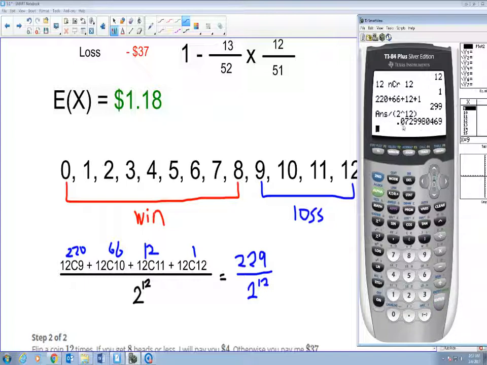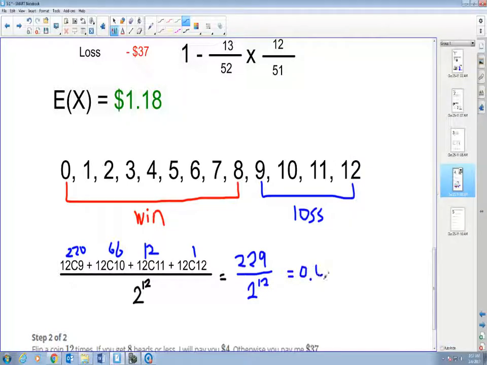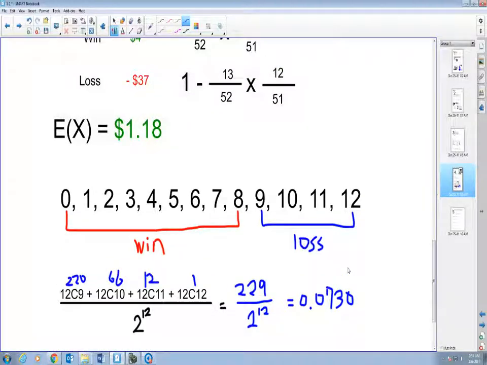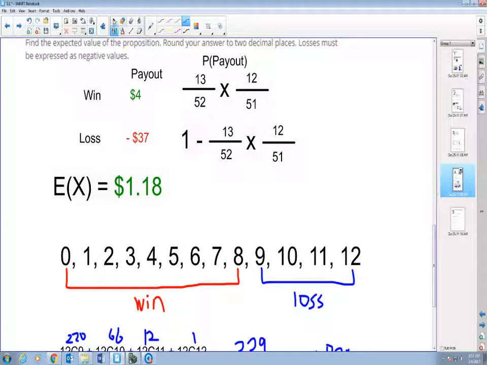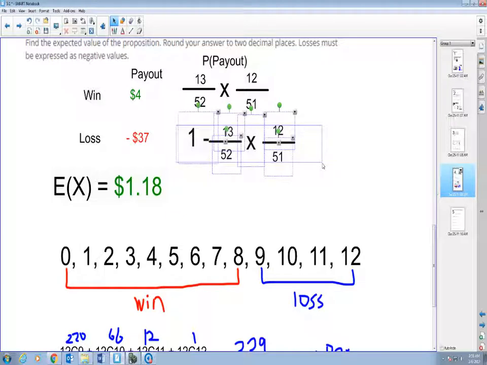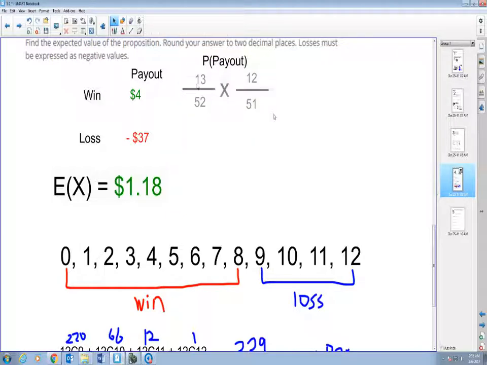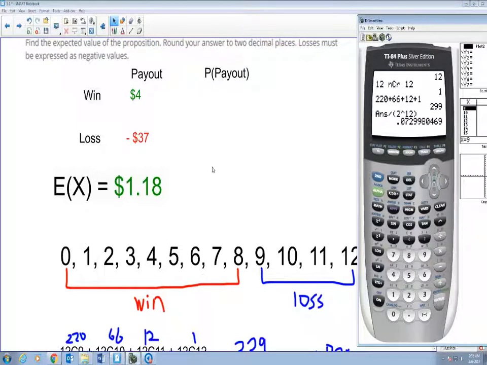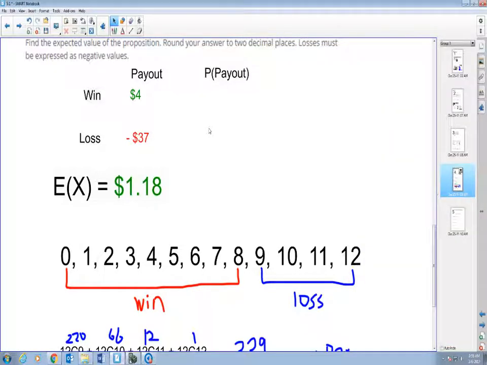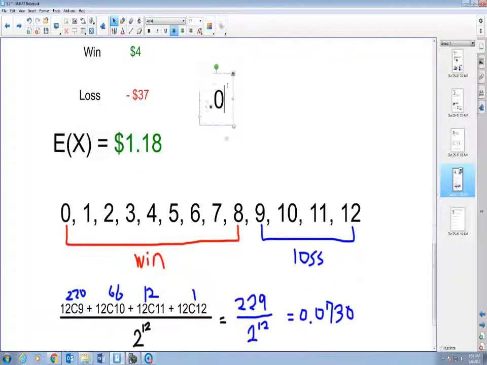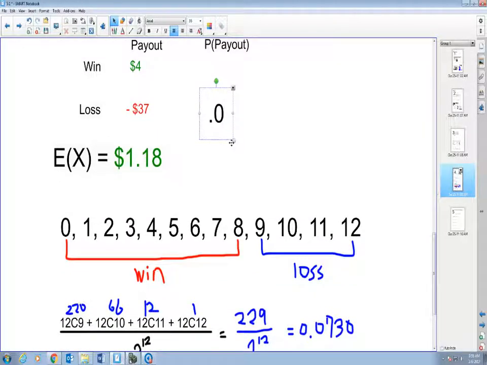To 4 decimal places, that would be 0.0730. Okay, so that's the chance of losing.